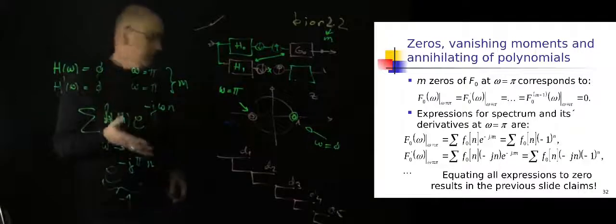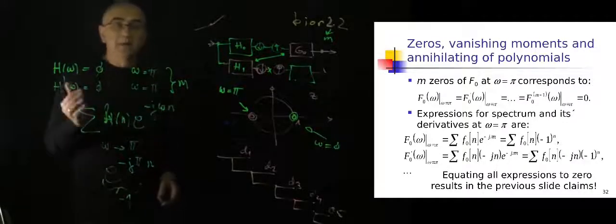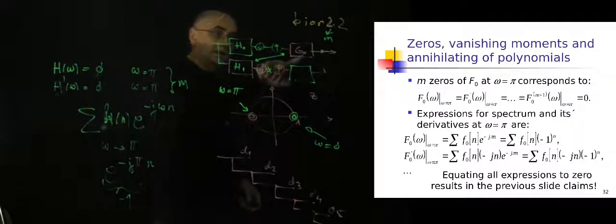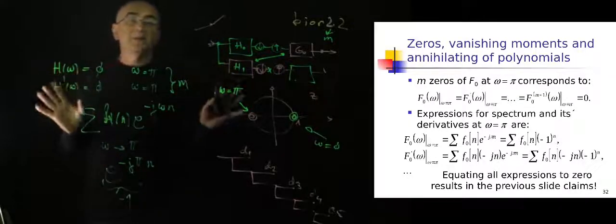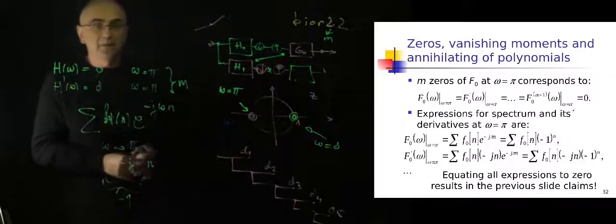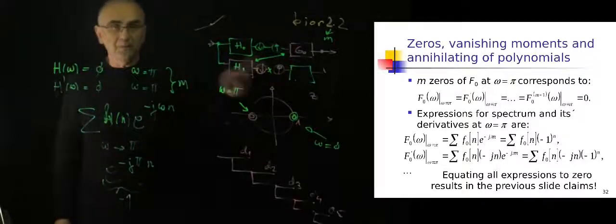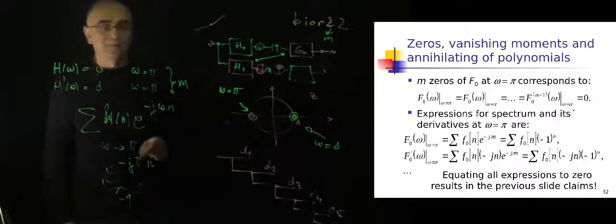So all those expressions will be 0, up to the number of zeros that this filter has at the Nyquist frequency. Once we learned how to design such filters, and we said it is probably good to put some zeros on the Nyquist frequency, now we are going to learn why it is good.